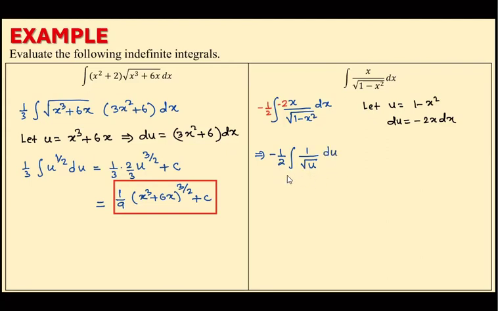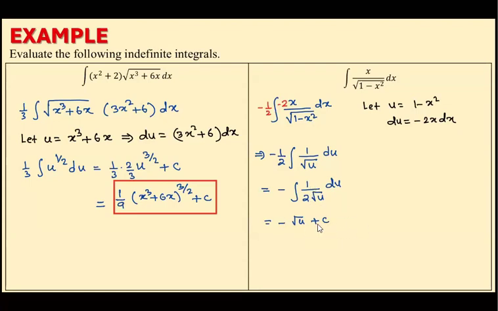And this one looks quite familiar. I can rewrite it like this. This is the same as the negative sign outside. I'm going to multiply: 1 times 1 is 1 over 2 times the square root of u is 2 square root of u du. And that is equal to negative the integration of 1 over 2 square root of u, which is square root of u, and then plus c, because the derivative of square root of u is 1 over 2 square root of u.